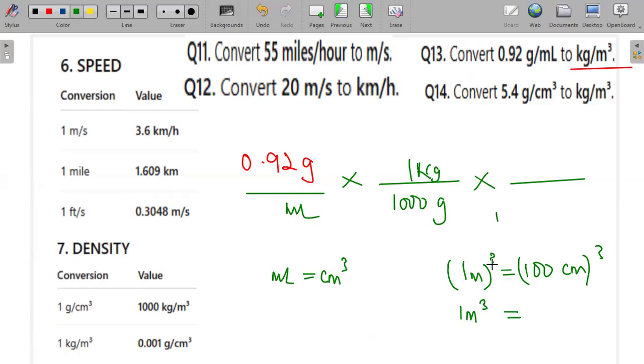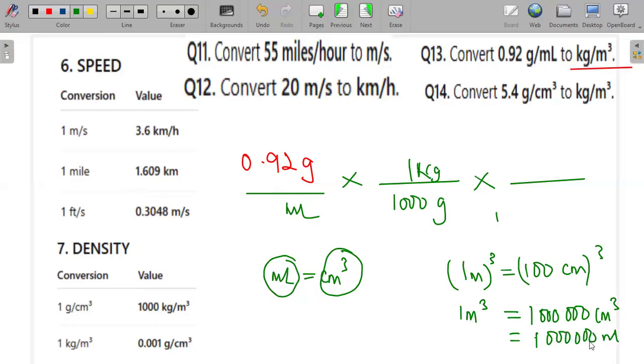What am I going to get? That's 100 to the power 3, so I get 1 million cubic centimeters. So this milliliter is the same as this. This simply says that 1 cubic meter is the same as 1 million milliliters. That's the ratio that I'm going to use for the milliliters.